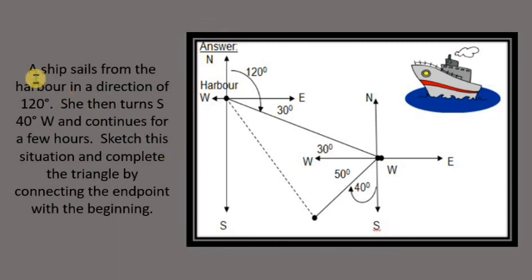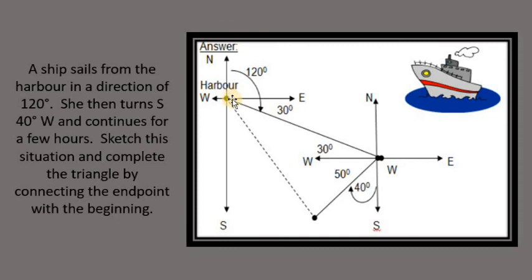Then the last one, a ship sails from the harbor in a direction of 120 degrees. So we always start north when they give it to us like this. She then turns south 40 degrees west and continues for a few hours. Sketch this situation and complete the triangle by connecting the end point with the beginning. So we start 120 degrees.